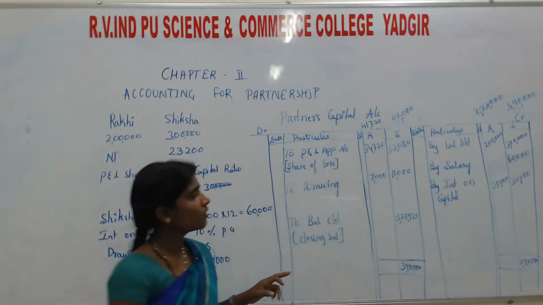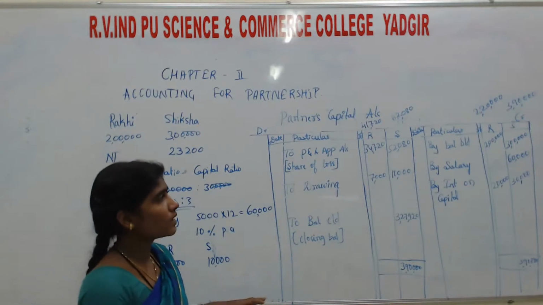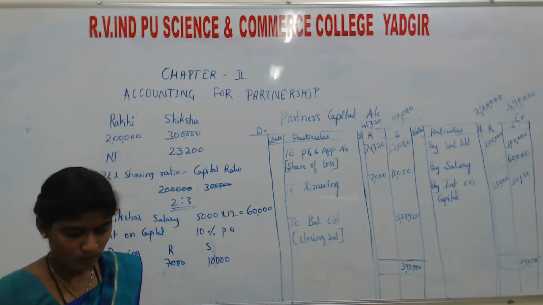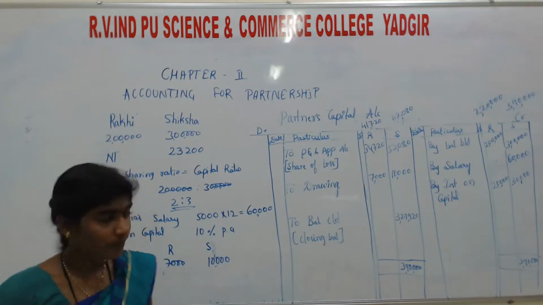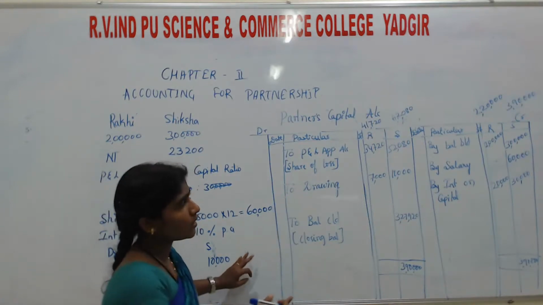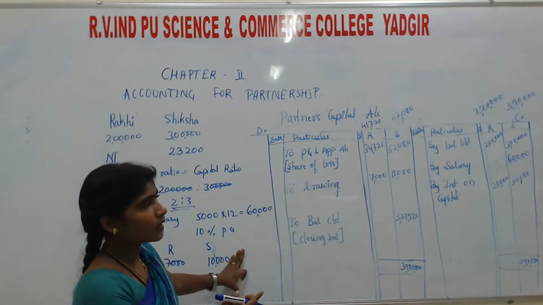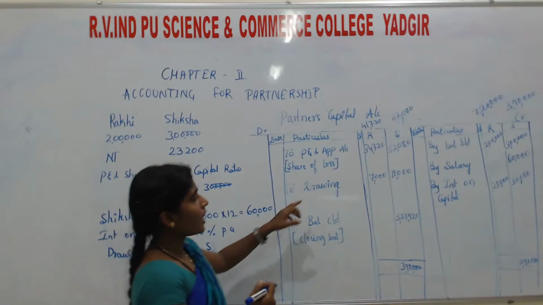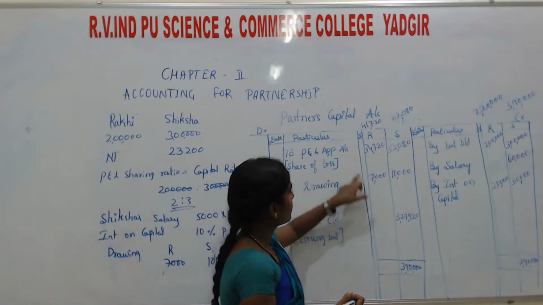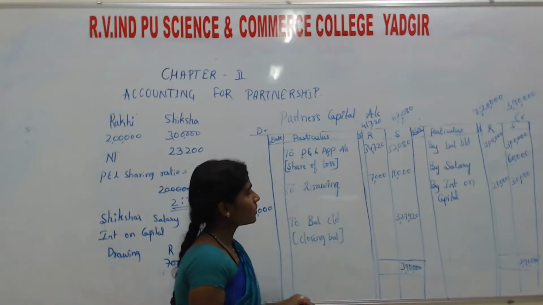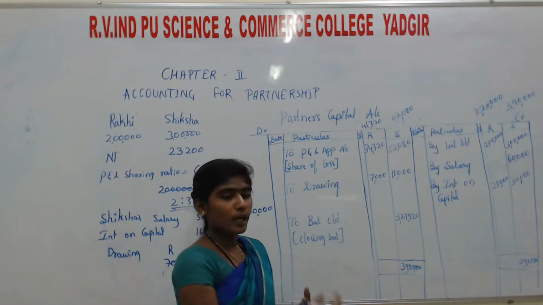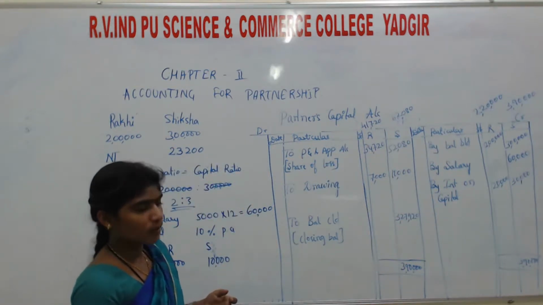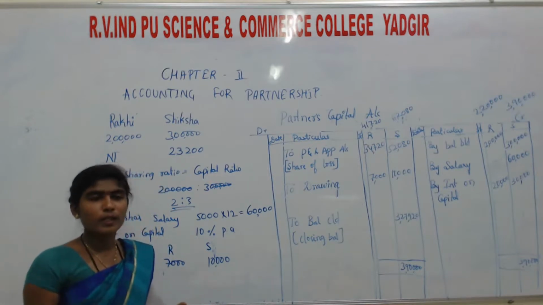Then next close Rakhi's account also. Rakhi's capital account also. So here 2,20,000 is the total capital of Rakhi. In that, after deducting these losses and expenditure, then also the firm has to pay rupees 1,78,280.